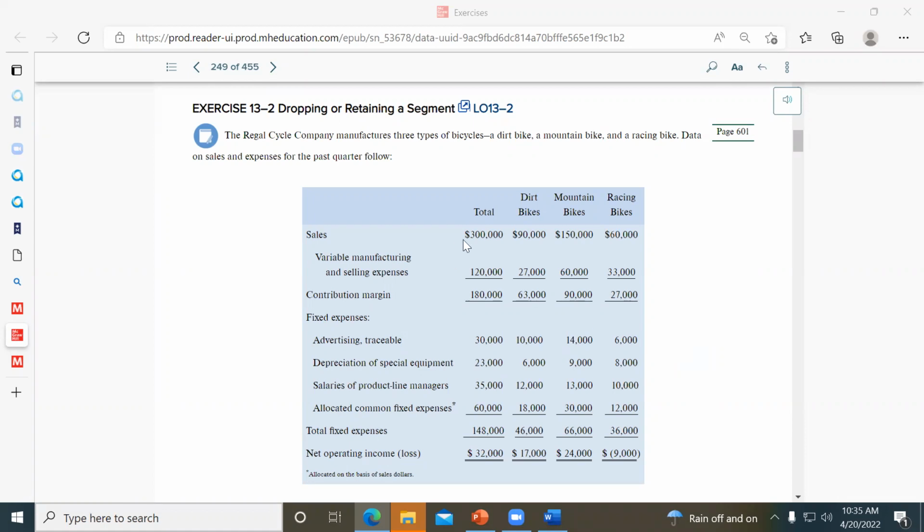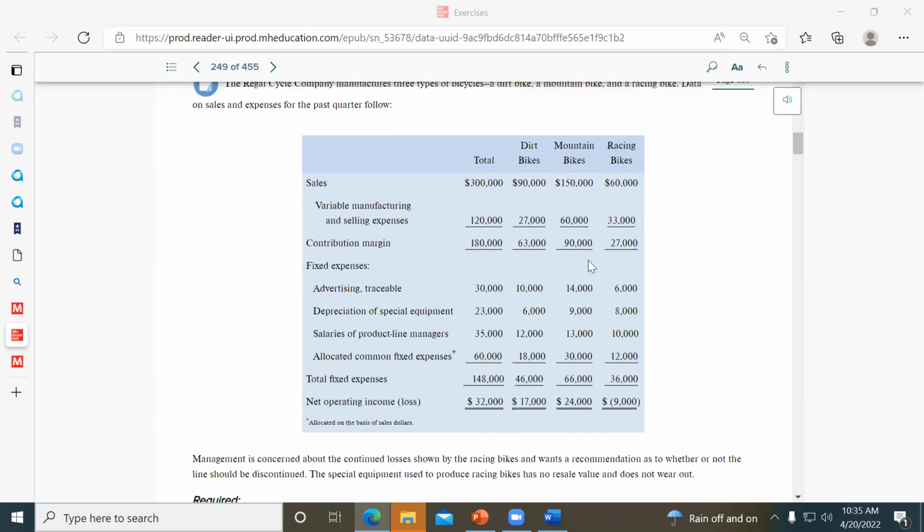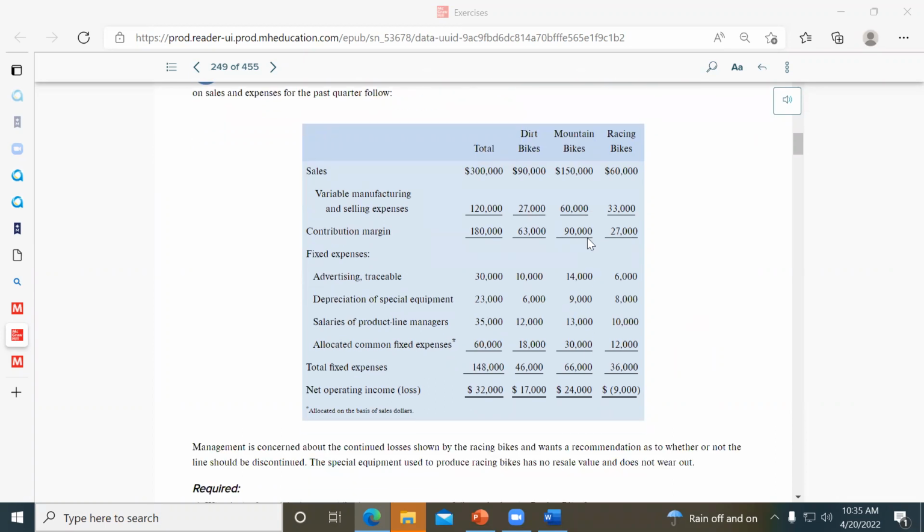You see here total sales, and then the breakdown between the dirt, mountain, and racing bikes. Then you've got your variable expenses, and your fixed expenses, and here they're showing the racing bike has a $9,000 loss.